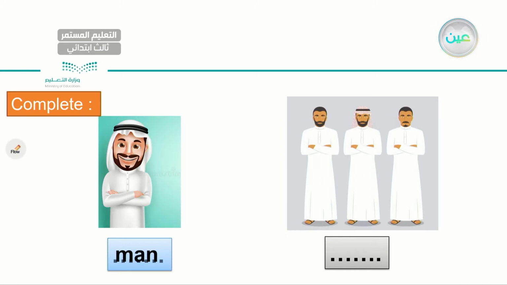But to your right, I can see 1, 2, 3. I have men. Very good. Notice the difference here. It's formed differently. We don't use S here. Okay. So let's read again. Man, men. Very good.